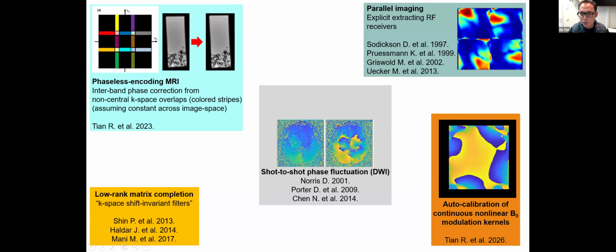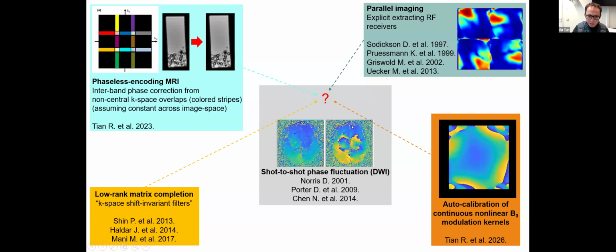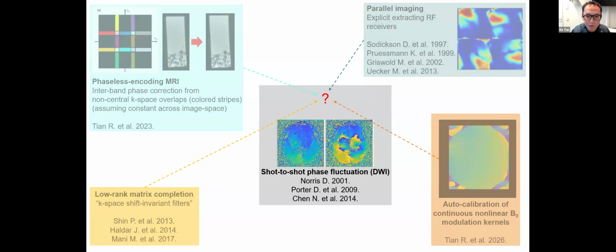That's like a Bezier version of GRAPPA, and it's a much more aggressive Bezier fluctuation compared to this shot-to-shot fluctuation. So if you are familiar with all these techniques, then our solution of this overlap kernel EPI will become very apparent.